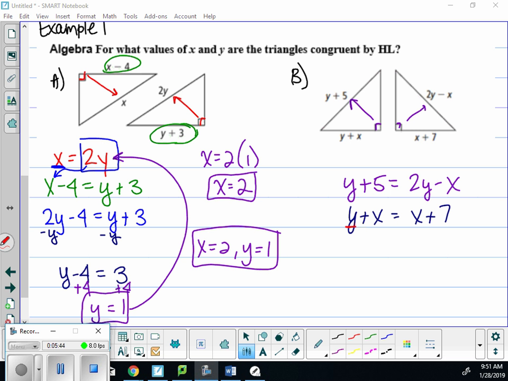So set your hypotenuses equal to each other, set your legs equal to each other. Let's get this y by itself, so you'd subtract x. So you'd be left with y equals 7. So we already know what y equals.